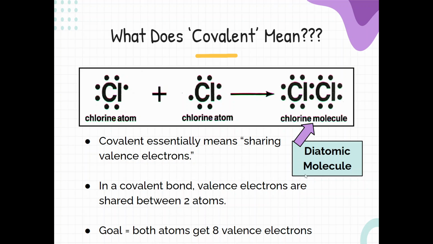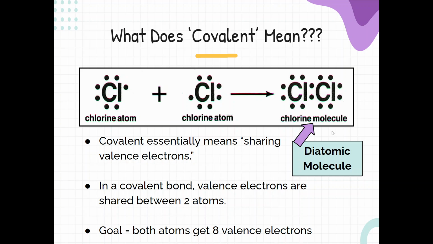A diatomic molecule is a molecule made up of 2 atoms of the same element. Di means 2, atomic refers to atoms, so diatomic means 2 atoms of the same element coming together and forming a molecule. A molecule is somewhat like a compound.